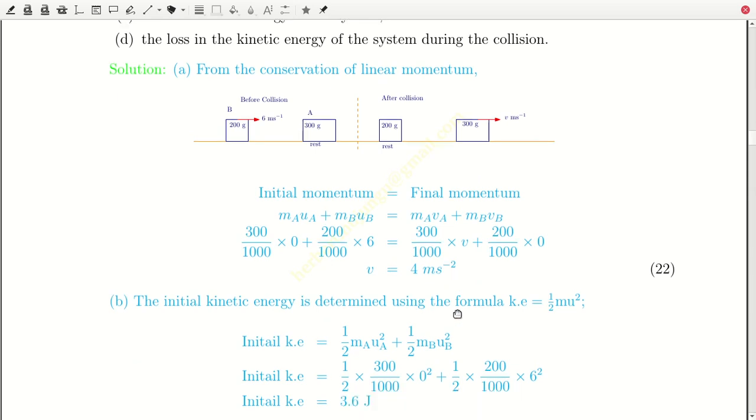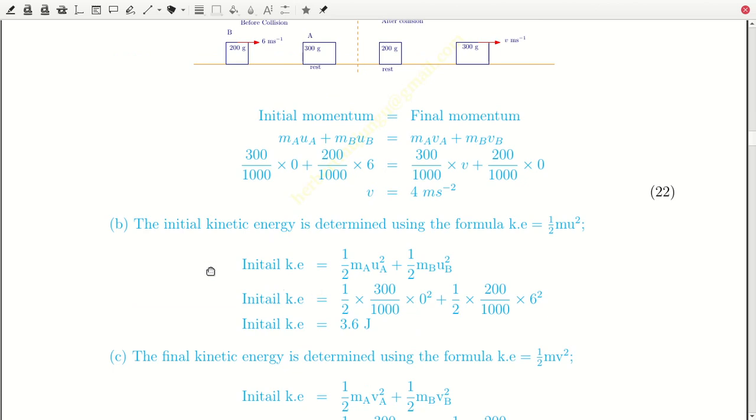So to get the kinetic energy, we said kinetic energy is given by the formula a half mu squared. For particle A, u was 0 because it was at rest, so its kinetic energy, as you can observe here, will reduce to 0.